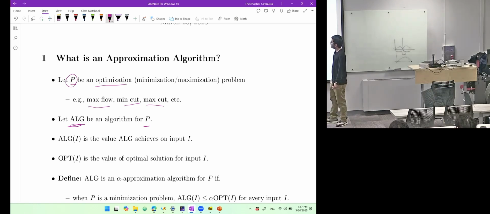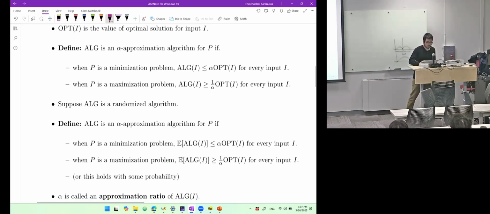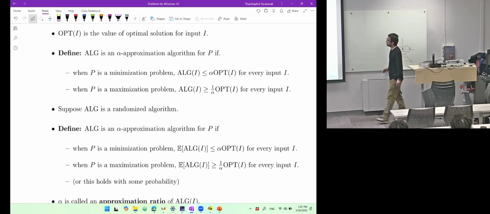We say that the algorithm ALG is an alpha approximation algorithm for P if basically the solution of the algorithm is as good as the optimal solution up to factor alpha.